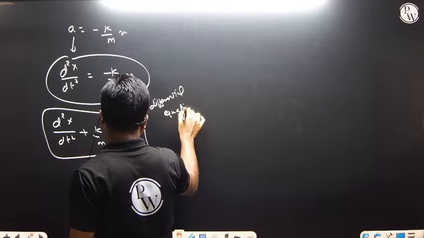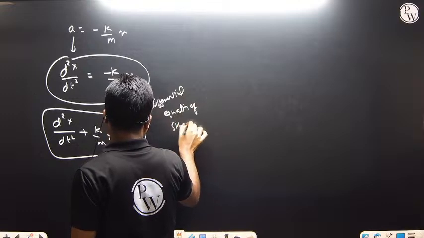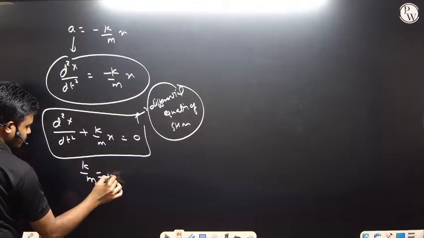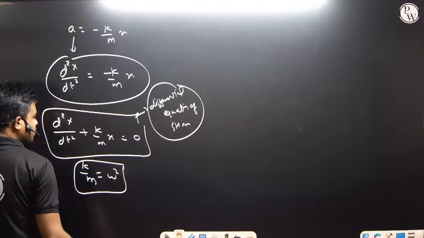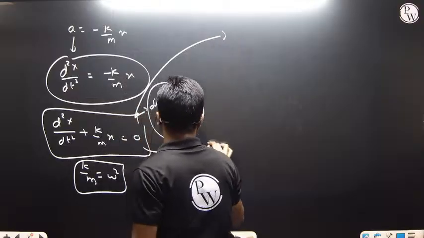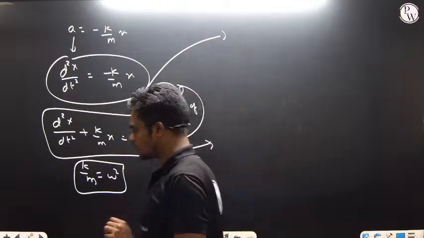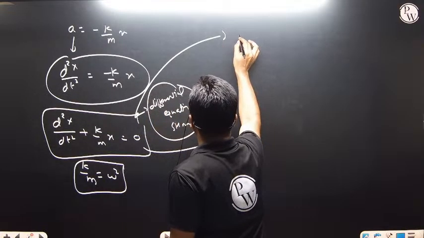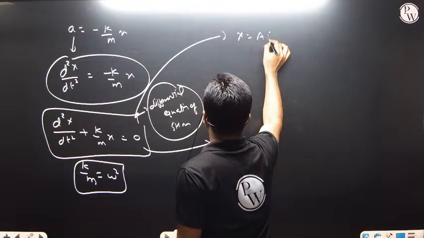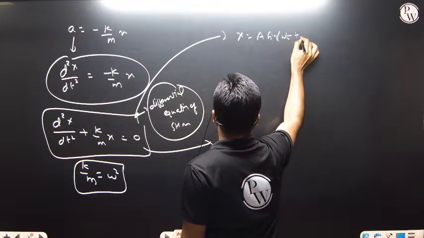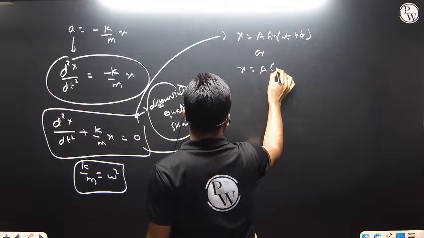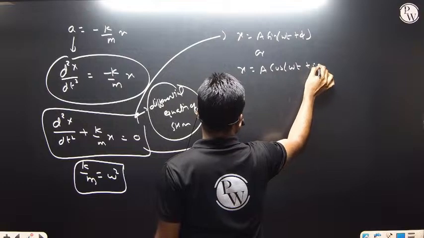Yes, questions have been asked from this equation as well. So here k by m is nothing but omega square. Mathematically, if you solve this particular equation, we get x equals a sine of omega t plus phi, or x equals a cos of omega t plus phi.